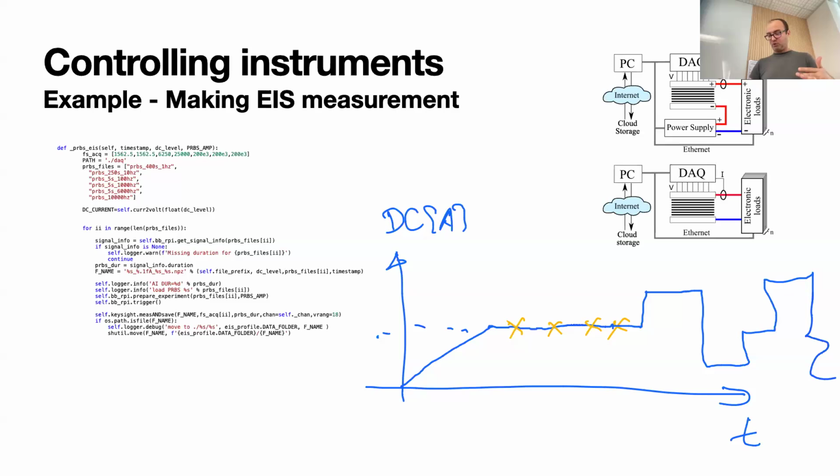And this can be done automatically. We can pre-program such a load profile and just hit play, and the instrument will do measurements at these points, then at time t1 it will jump to a different DC level, at time t2 it will jump to a lower level, and do all these things accordingly.